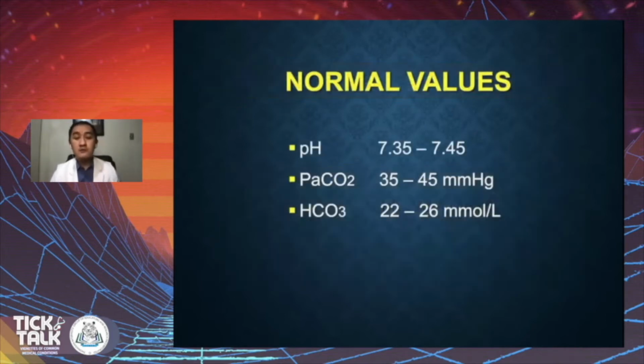For the parameters of the ABG, it is important to familiarize yourself with these three: the pH, the arterial CO2, and the bicarbonate. The normal pH is 7.35 to 7.45. The normal arterial CO2 is 35 to 45 millimeters of mercury, and the normal bicarbonate is 22 to 26 millimoles per liter.